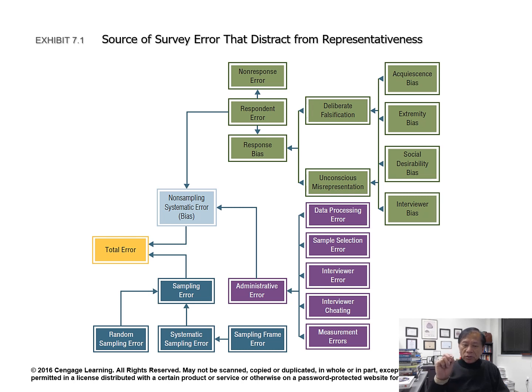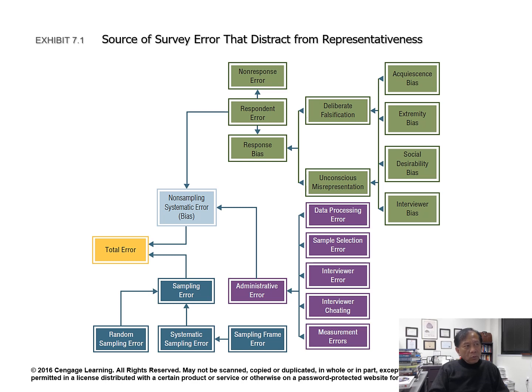So they have this social desire to exaggerate their income. That's social desirability bias. And then there's also the interviewer bias. If you ask someone to answer the questionnaire, because of your presence, your influence, your opinion, or your expectation, they may give you an incorrect answer. That's the interviewer bias.